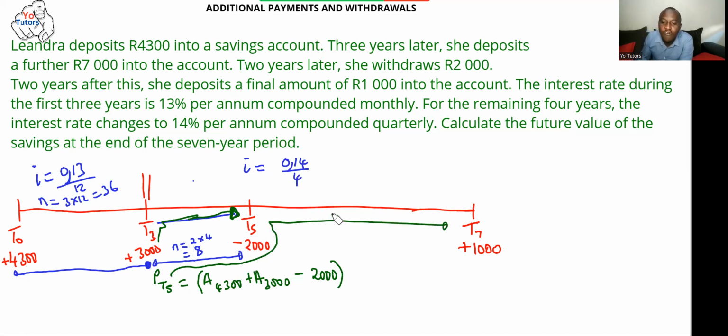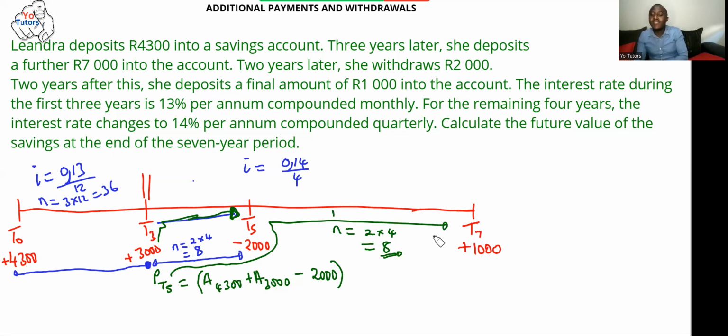Then that principal value will have to grow for the remaining 2 years. So here it will grow for how many years? For 2 years with the interest rate, which is 0.14, and our N in this case is going to be 2 times 4 again, which is equal to 8. So here you will need to grow it for the extra 2 years. Now, what do you do to get the future value in this case?